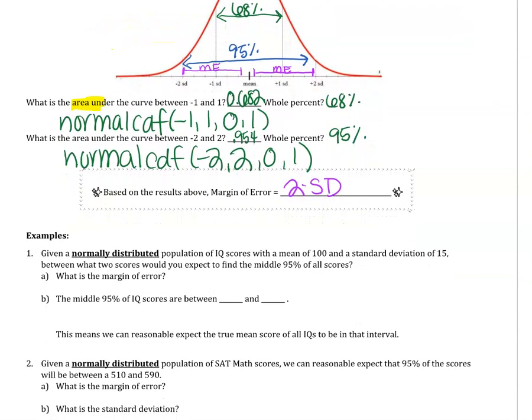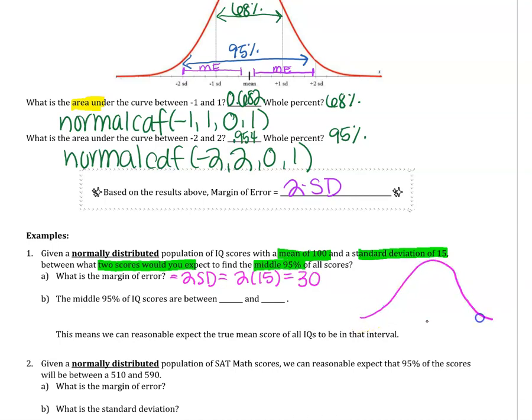All right, so coming on down, given a normally distributed population of IQ scores with a mean of 100 and a standard deviation of 15, between what 2 scores would you expect to find the middle 95% of the data? Well, first of all, what is the margin of error? This is just 2 times the standard deviation, and they told me the standard deviation is 15, so that would be 30.